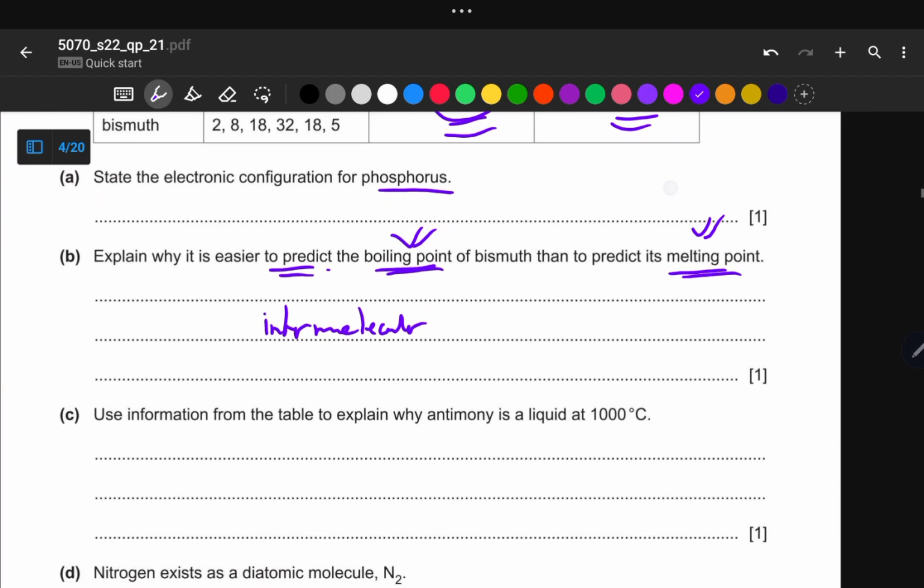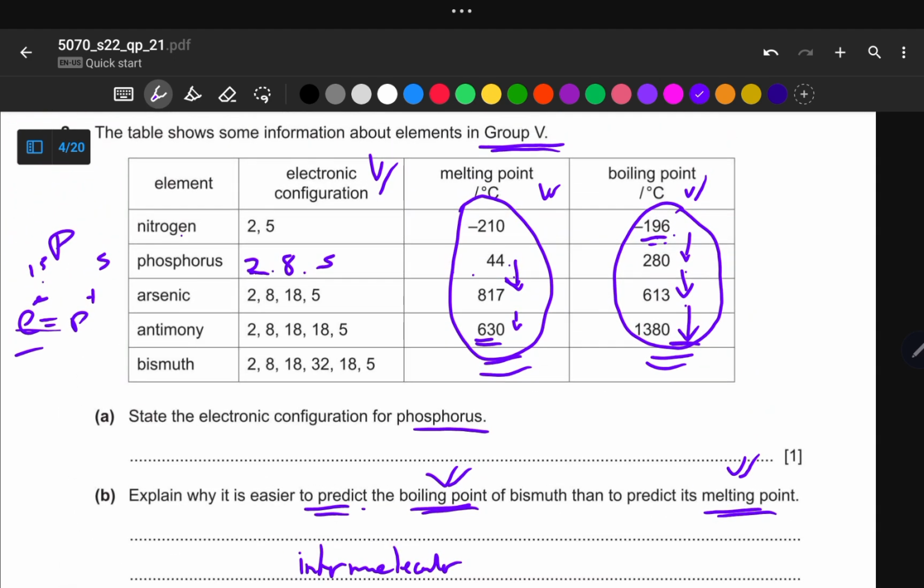The question says to confirm that at 1000 degrees Celsius it is a liquid. So the melting point is 630, and the boiling point is 1380. This simply means that 1000 degrees is between these two points, so we are going to have antimony as a liquid.